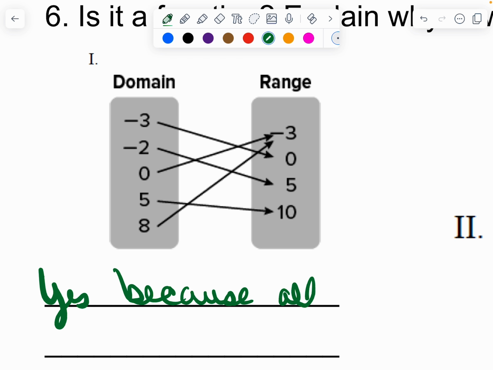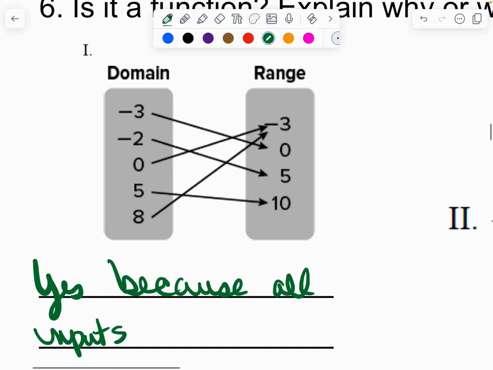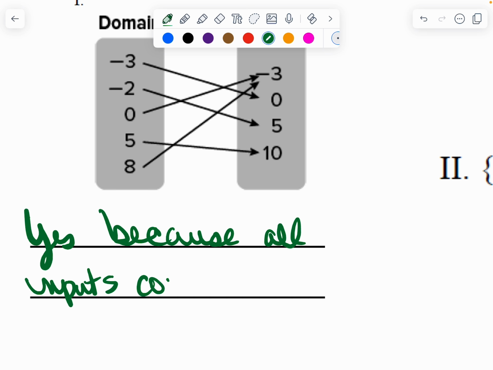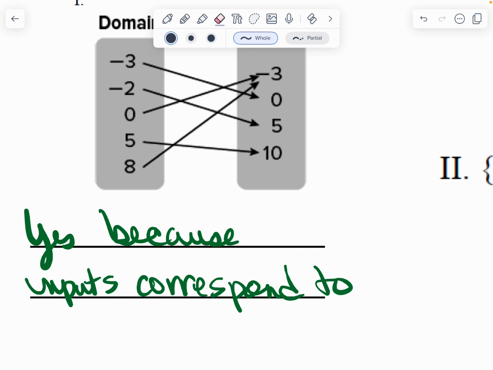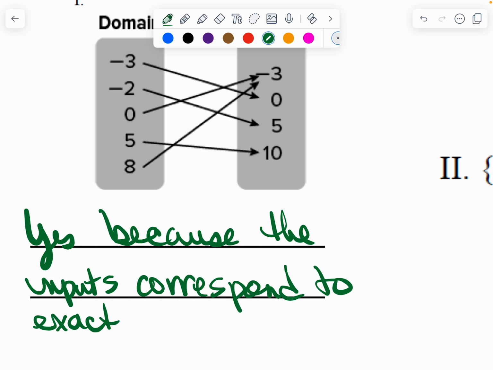Because all inputs correspond. I should not say all inputs. I should say the inputs correspond to exactly one output.